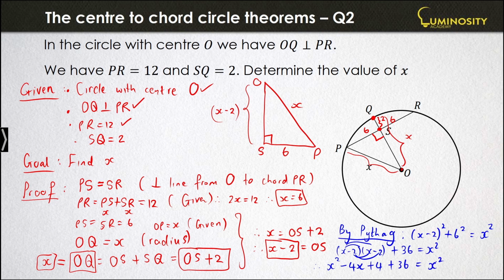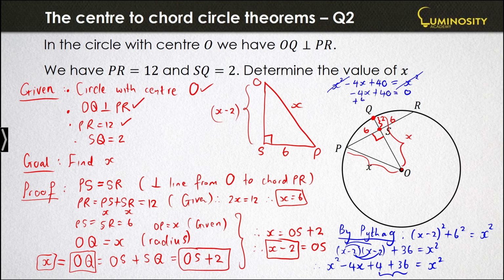Now on the left hand side, what do I have? X squared minus 4X plus 40, because 4 plus 36 is 40, equals X squared. Now X squared I can subtract from both sides and they will cancel. So now I have negative 4X plus 40 equals 0.